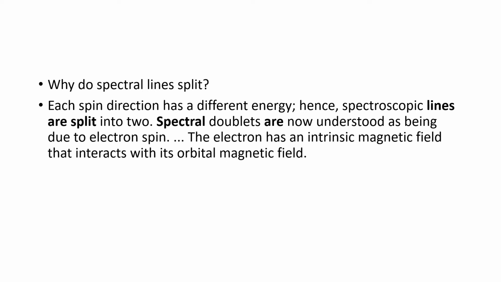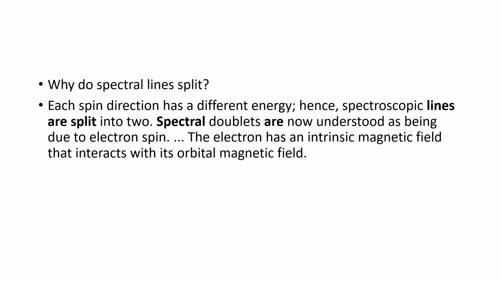This Zeeman effect established a very important factor for us: the existence of electron spin. As we studied, the electron can move in orbital paths, and in those orbits it also spins.